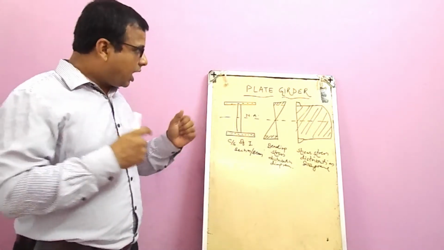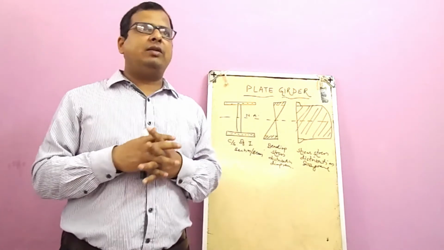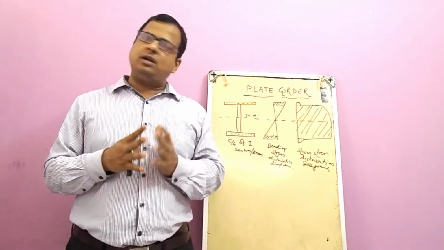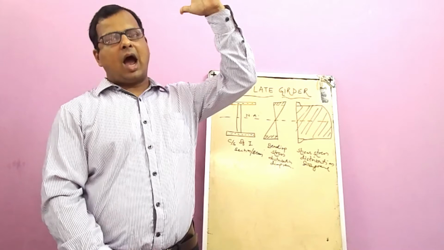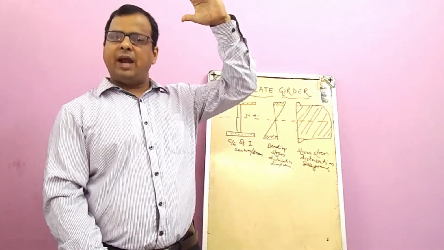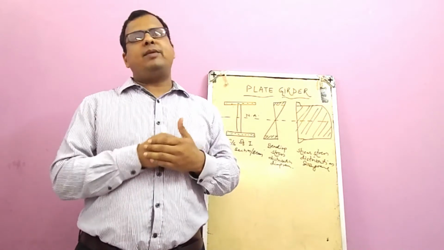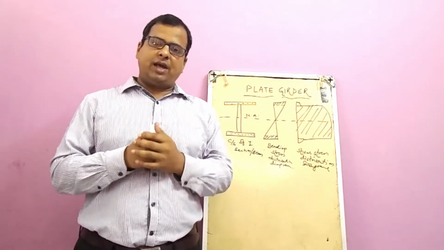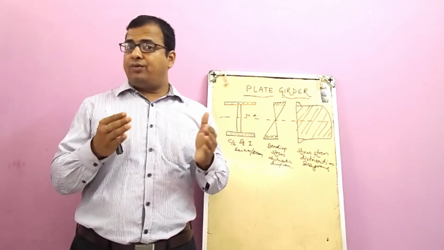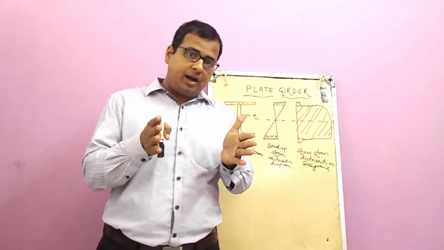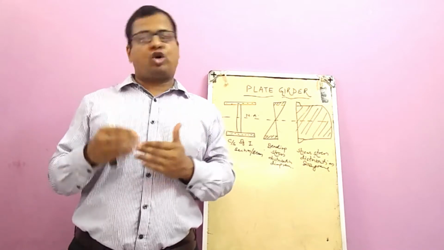Now another element: as these are not readily available sections, we can decide the width of the flange plate as well as the depth or height of this plate girder or web plate. At that time some problems may arise. First, when we increase the height of the section, if we take more thickness of the web plate, then our section will be uneconomical or costlier.